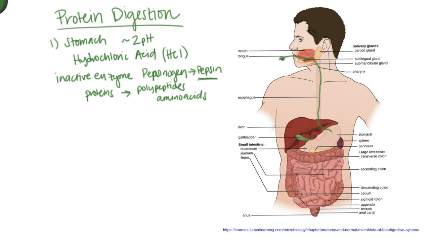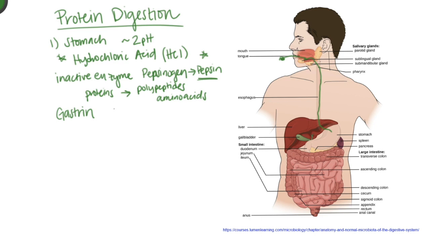So one more important thing to note about the stomach is that the production of hydrochloric acid and the release of pepsin is all going to be kind of stimulated and regulated by a hormone called gastrin. Gastrin is created specifically by the G cells that are in the stomach, so it's going to be produced when the stomach starts to have food entering into it.